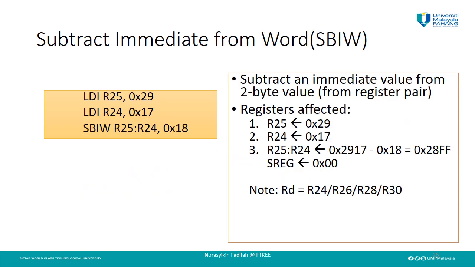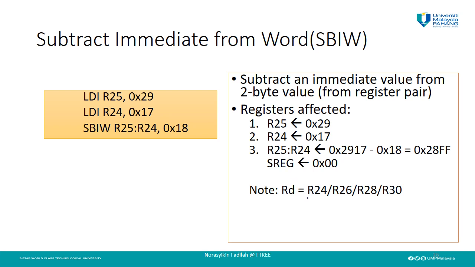For a subtraction of 16-bit value, there is one instruction called subtract immediate from word, SBIW. So for this one, it will subtract an immediate value from a 2-byte value. The 2-byte value comes from a register pair.